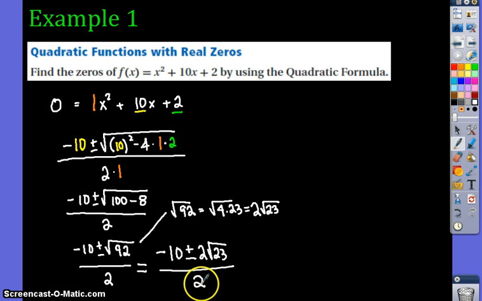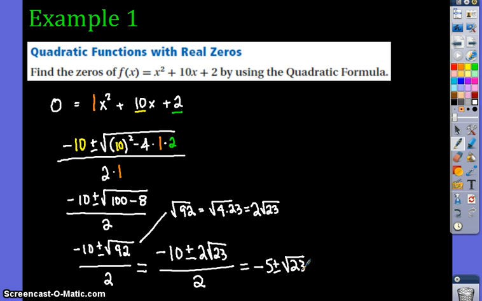We should notice that we have a 2, a 10, and a 2, all of which are divisible by 2. So we can factor a 2 out. We are left with negative 5 plus or minus the square root of 23. Negative 5 plus or minus the square root of 23 is our answer.